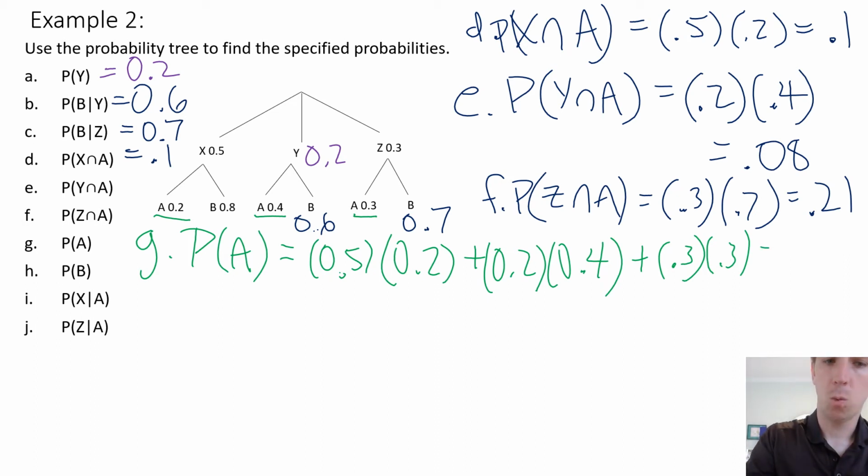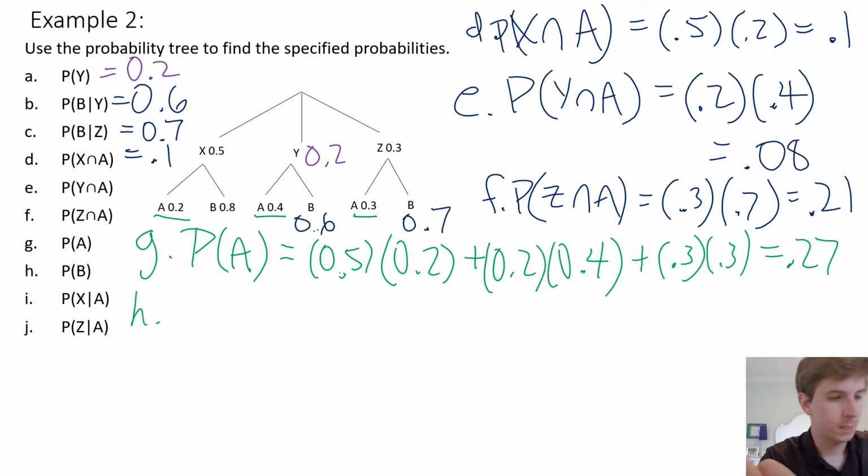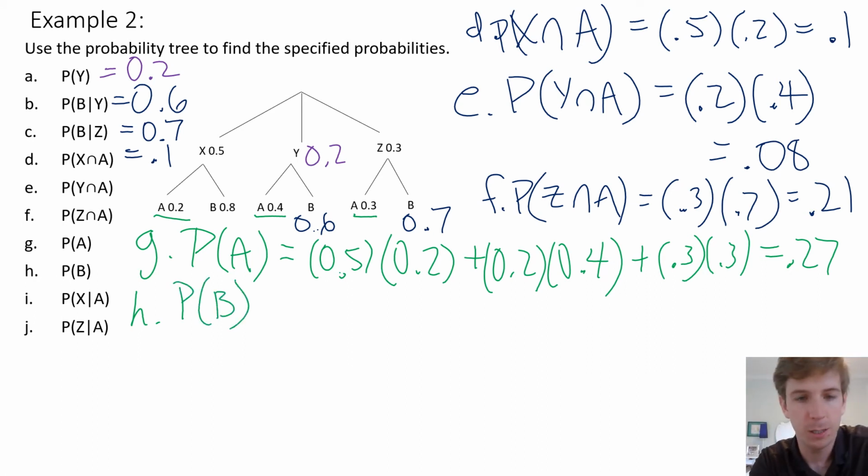And I get 0.27. All right, for H, I'm going to do the exact same thing. Or actually, we can do a little bit of a shortcut here, okay? Because we know A and B are mutually exclusive, so we can make this a little bit easier on ourselves and do the complement rule here.